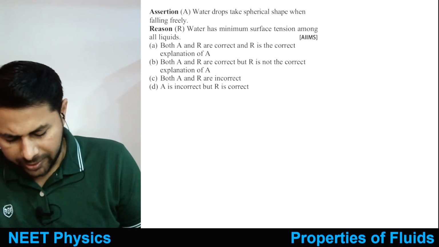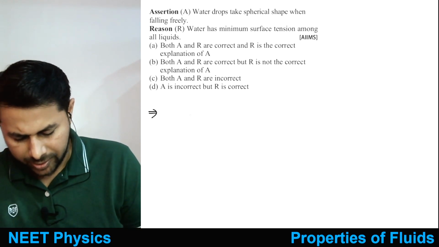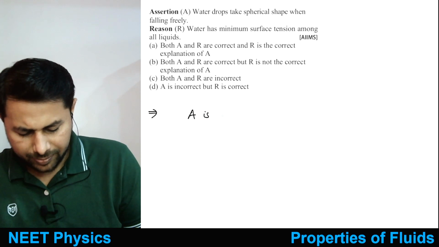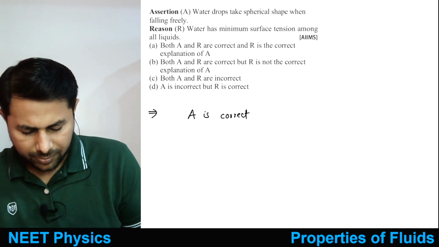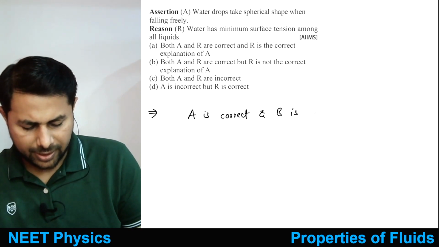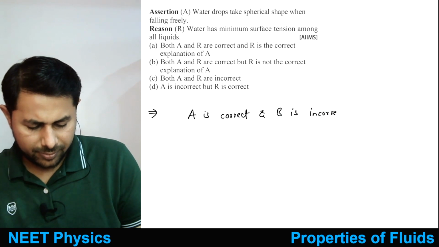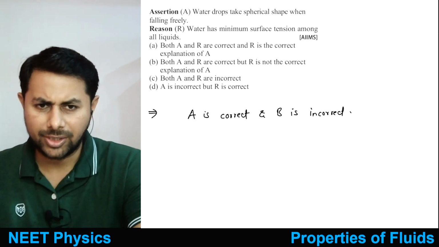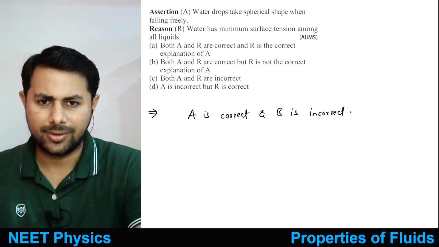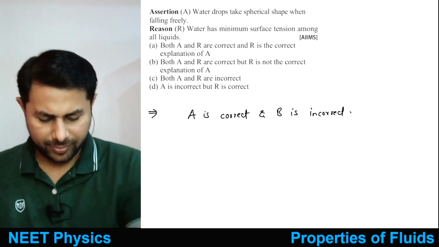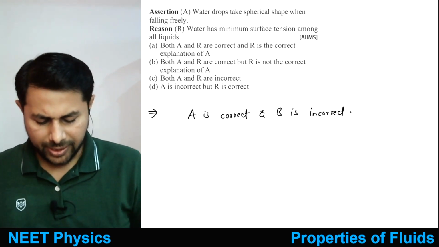I think its answer should be A is correct and B is incorrect. In fact, surface tension of water is much higher. All right, so yeah, this is the answer. A is correct.